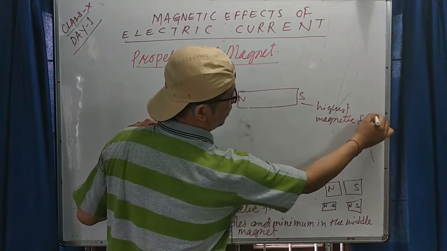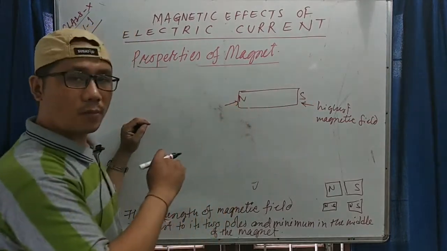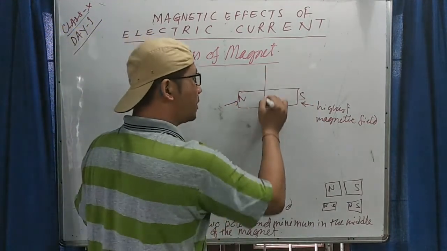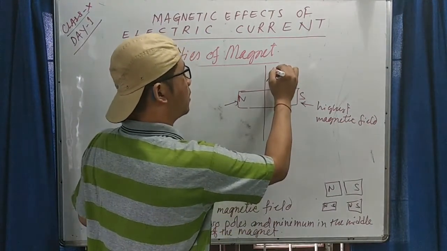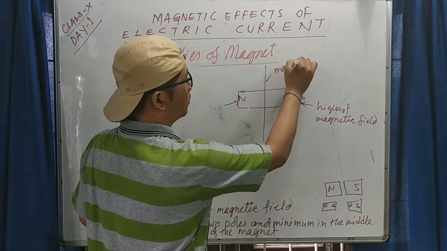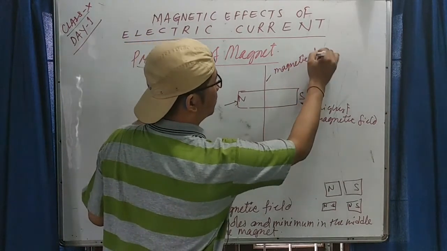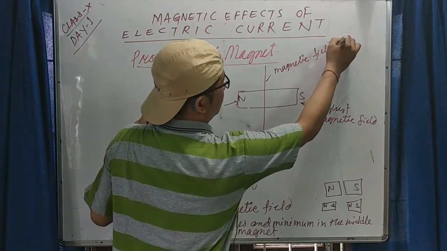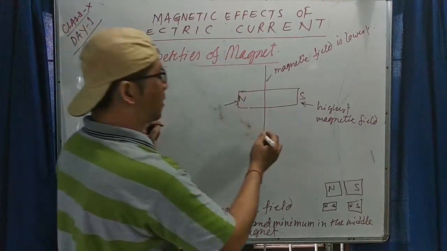It will have the highest magnetic field at its south pole and its north pole. But in the middle, here the magnetic field is lowest.